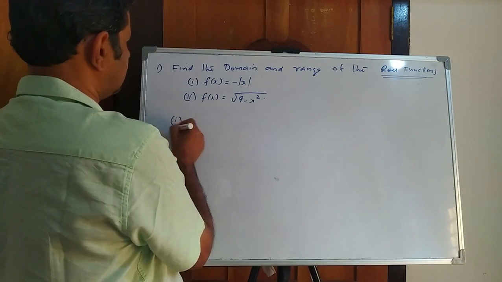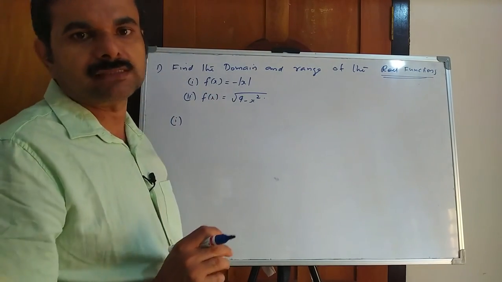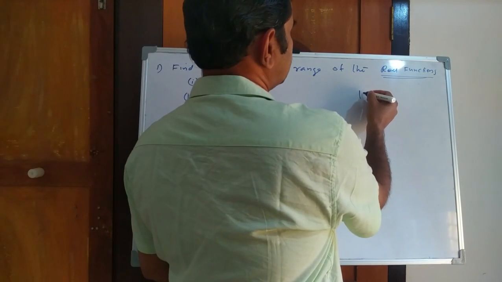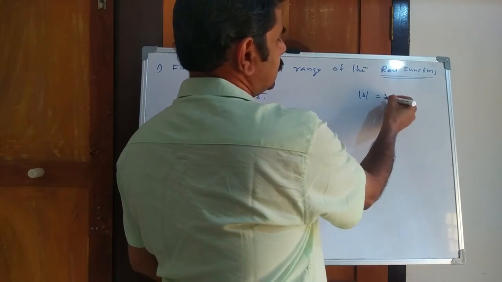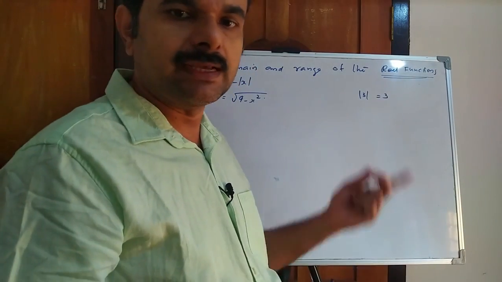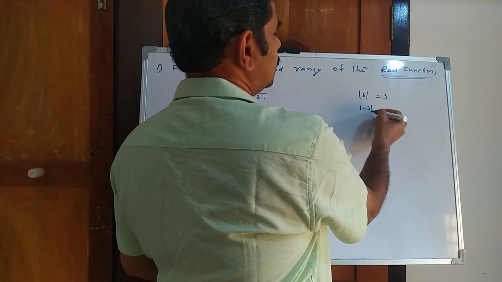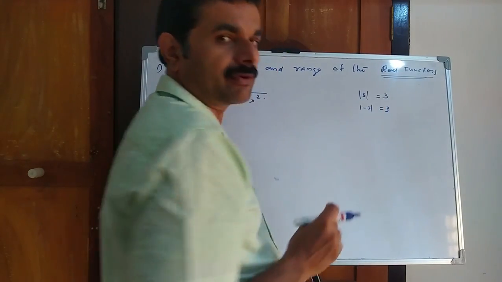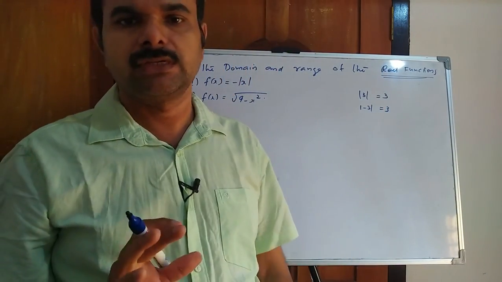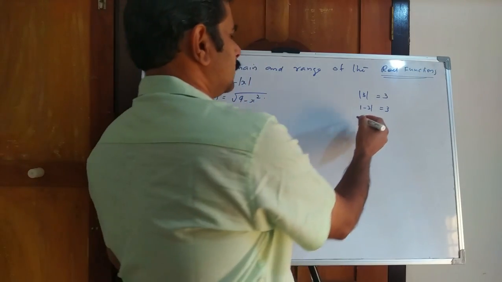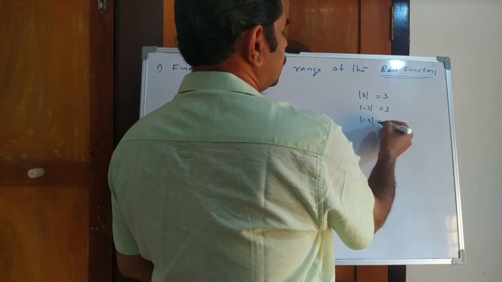Minus modulus x. What is mod x? What is mod 3? That is 3, taking its value. Mod minus 3 is also 3 because we are taking only positive values. Modulus means to take the positive value only. What is mod 1.5?